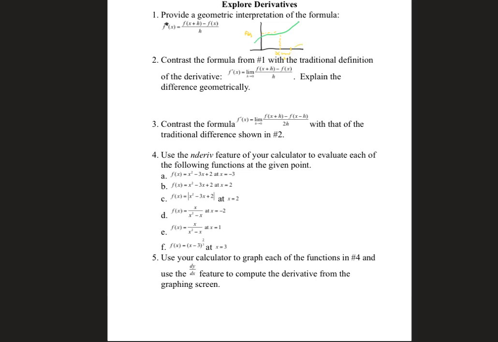That will bring us to an x value of x plus h, which when we plug x plus h into our function will in turn give us a y value of f of x plus h.